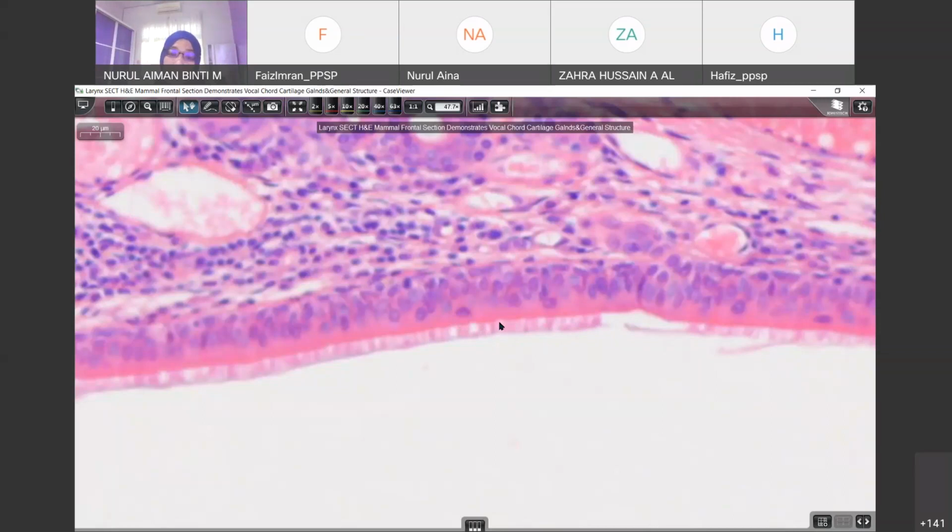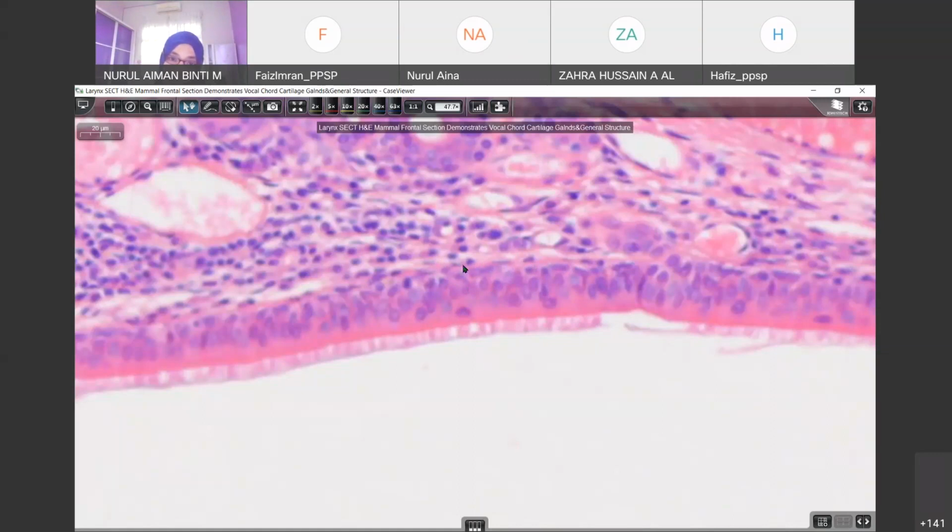And the characteristic of the pseudo-stratified columnar epithelium is that you can't see the basal lamina clearly. This is basically the basal lamina, because these are other cells, not epithelium.